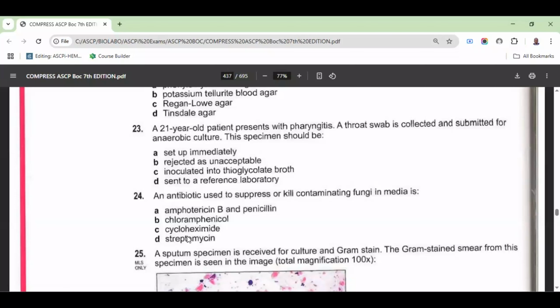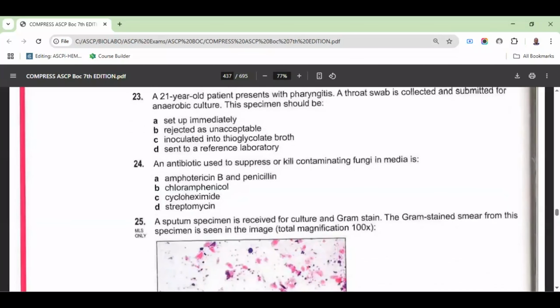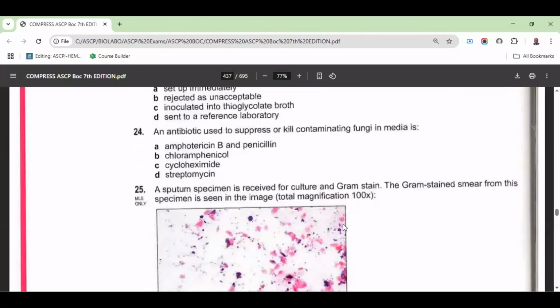Then we have question 24: which antibiotic is used to suppress or kill contaminating fungi in medium. I think you have everything in our notes, but it requires you to read and consider every paragraph for sure. Which one here is used to kill contaminating fungi in media?